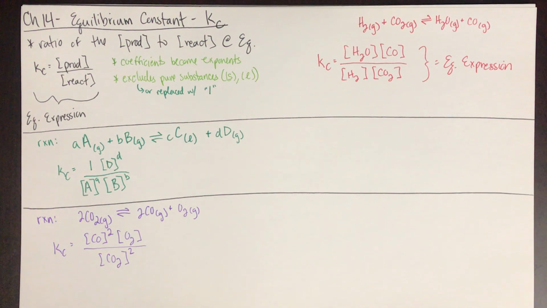So let's do an example of solving for the Kc. I'm going to use this example that we just did right here, and I'm going to write out the word problem.